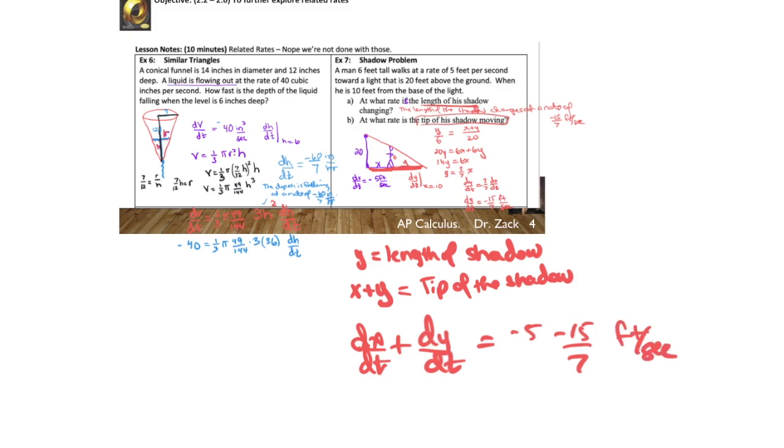In that case, we want to know what is dx/dt plus dy/dt. So we add our two answers together, and we have -5 minus 15 over 7 feet per second. So the tip of the shadow is changing at a rate of -50 over 7 feet per second. So that would be the tip of the shadow.